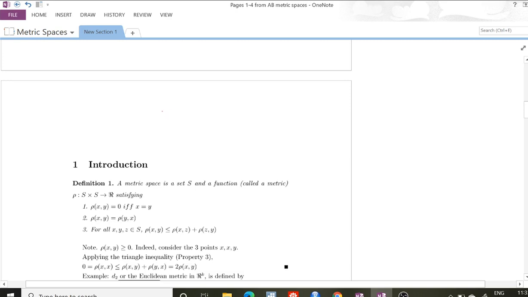So suppose we want to illustrate the triangle inequality. There's this point X here, another point Y in this plane, and let's say there's a third point Z. Right, so then what is being said in the third property is that this distance, rho xy, is less than or equal to the sum of rho xz and rho zy, right? So that's the triangle inequality.